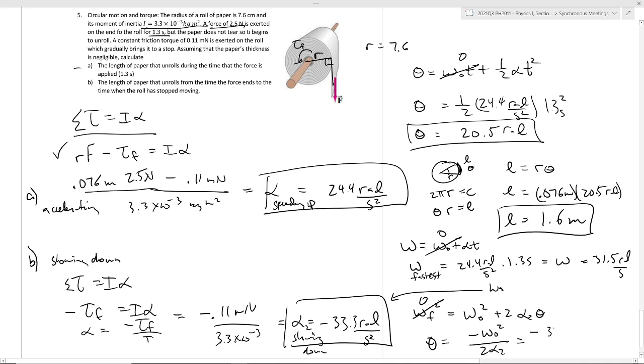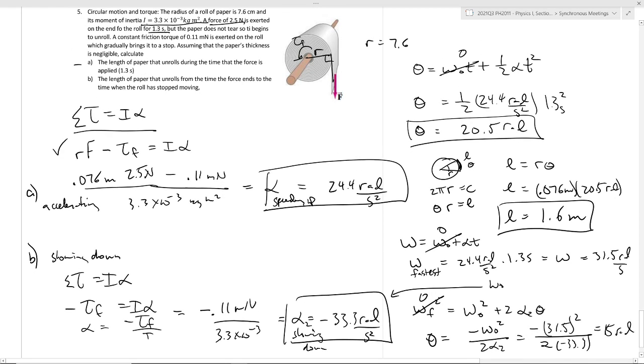So negative 31.5 squared over 2 times negative 33.3. So notice the negatives will cancel out. We get a positive theta as we expect. We crunch these numbers, we would find that this is about 15 radians. And 15 radians corresponds to less length. If we do r times that 15 radians, we would find that the length L2 would be about 1.1 meters.